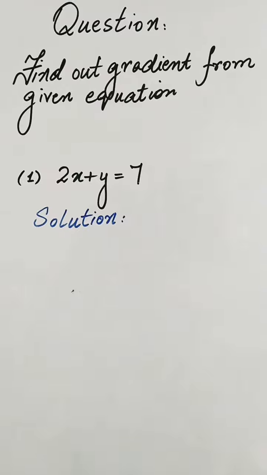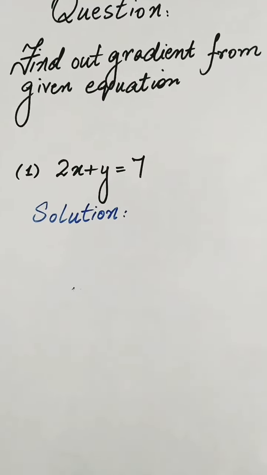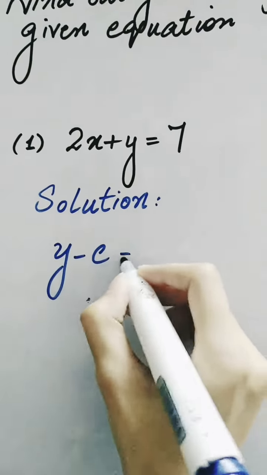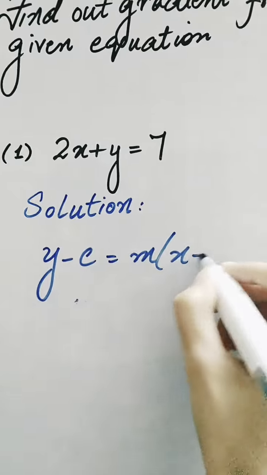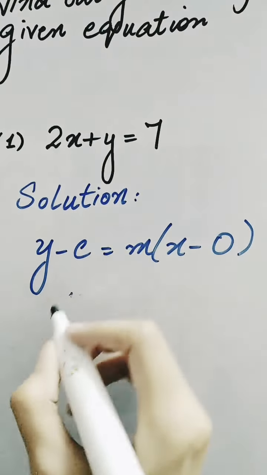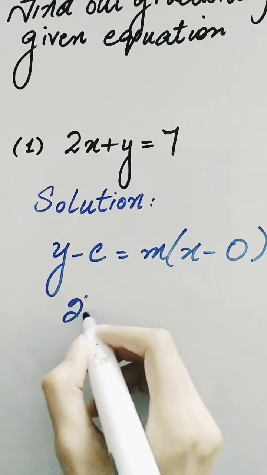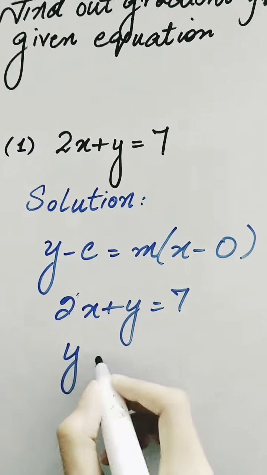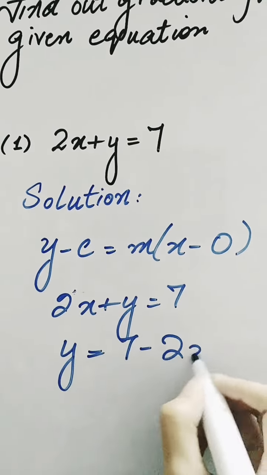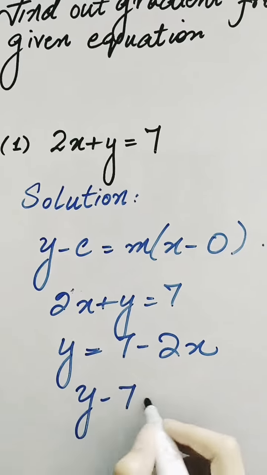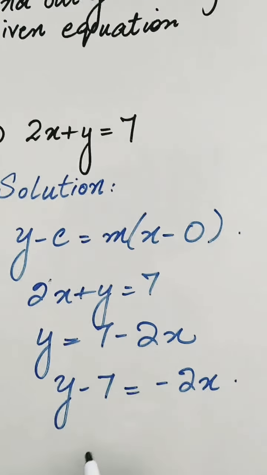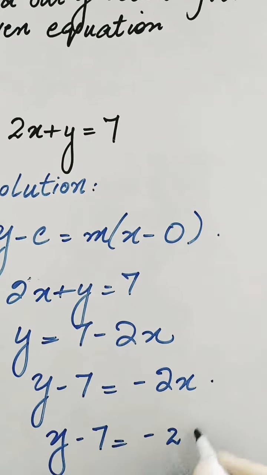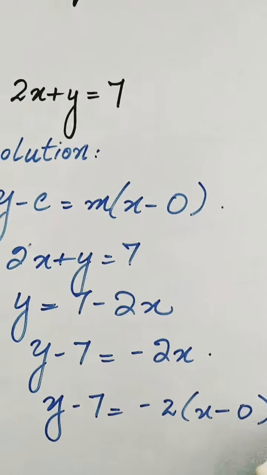Now look at a question over here in which we have to find out the gradient from the given equation. As we know the equation of the line is y minus y1 equals m(x minus x1). Now arranging the given equation in this format, we have 2x plus y equals 7, or y equals 7 minus 2x, or y minus 7 equals minus 2x, or y minus 7 equals -2(x minus 0).